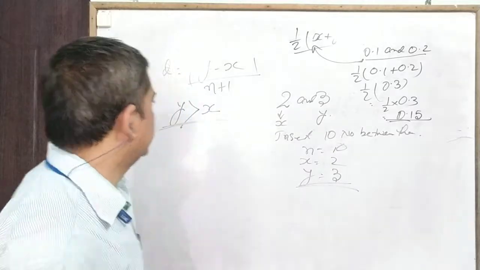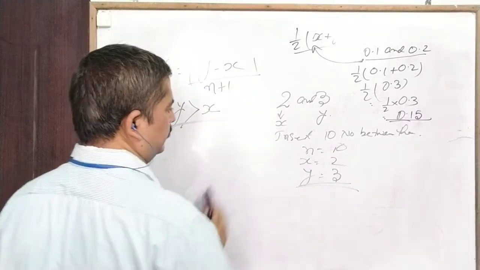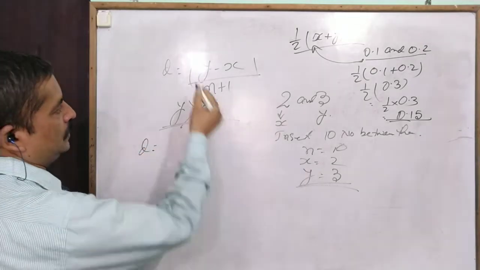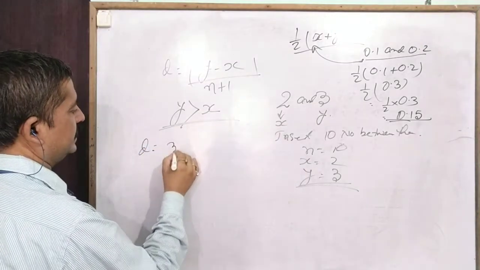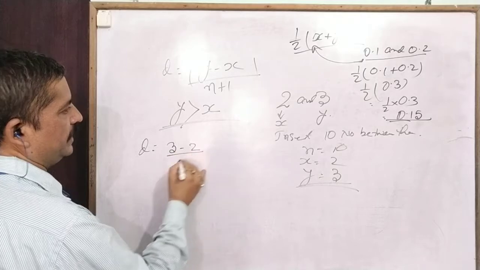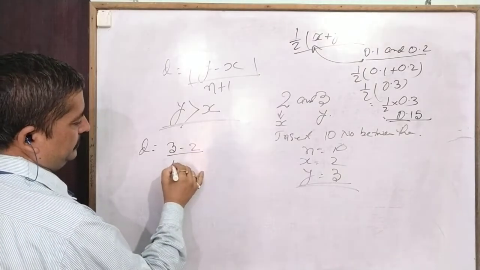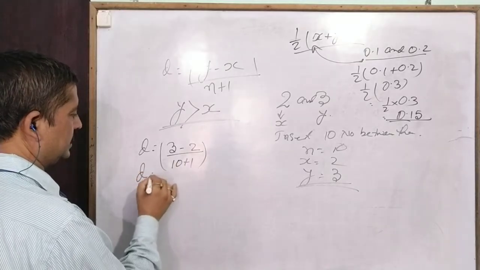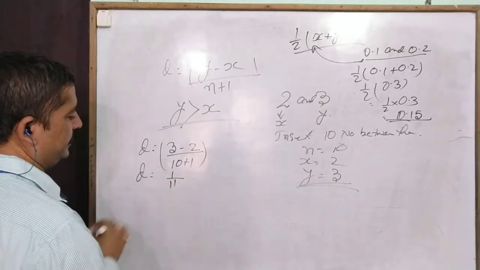So using that formula, d is equal to (y minus x) by (n plus 1), which is (3 minus 2) by (10 plus 1). So d is equal to 1 by 11.